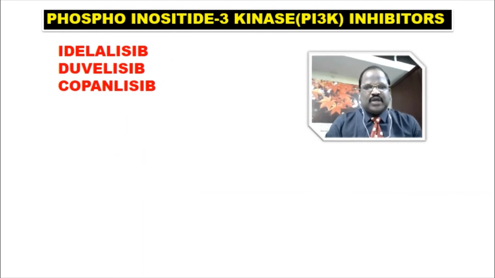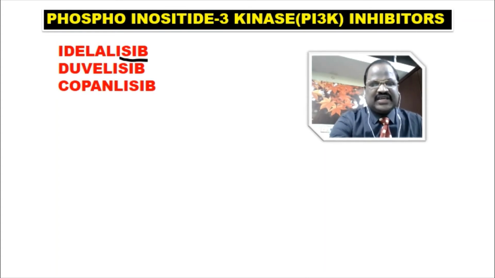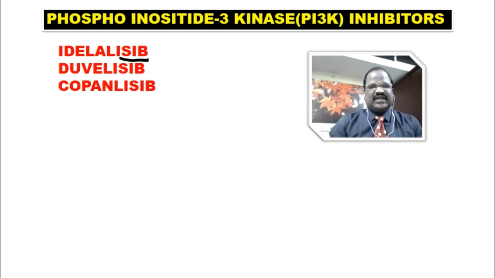Next, phosphoinositide 3 kinase inhibitor, simply called PI3K. PI, that is phosphoinositide 3 kinase inhibitor. These drug names are ending with the suffix lisib, for example idelalisib, duvelisib, and copanlisib.